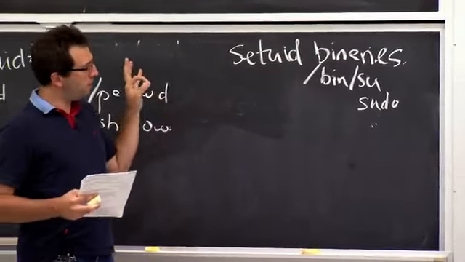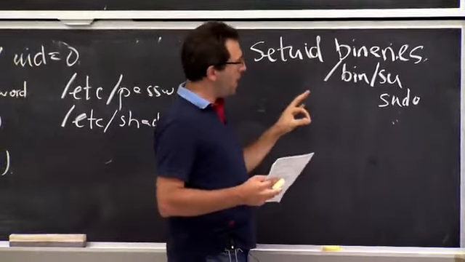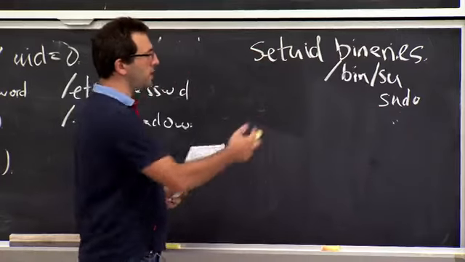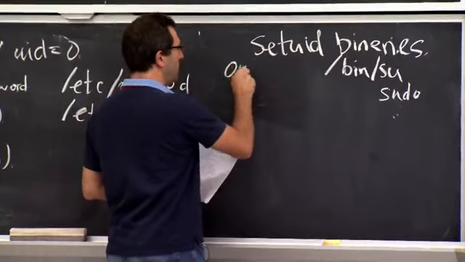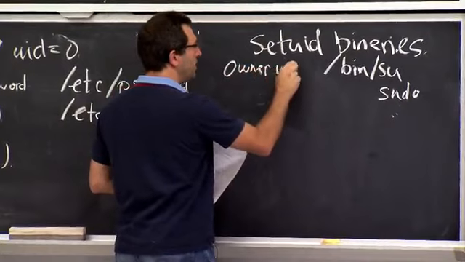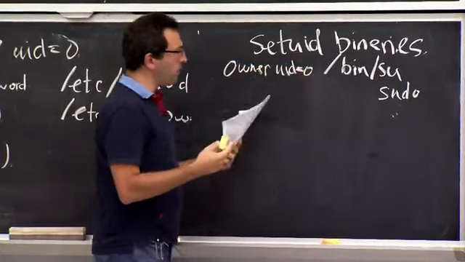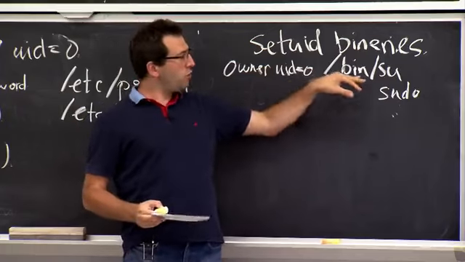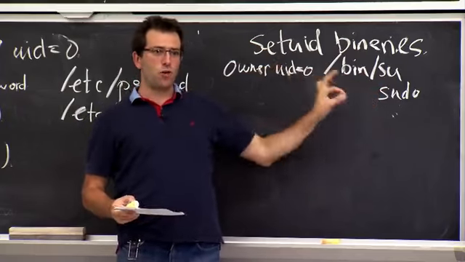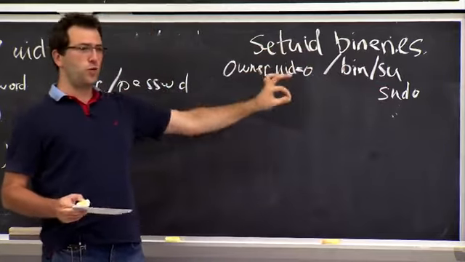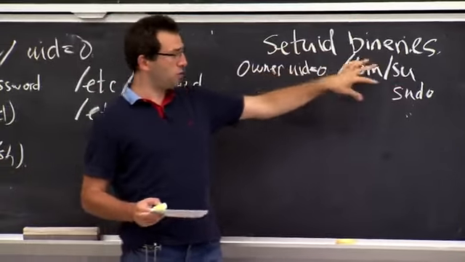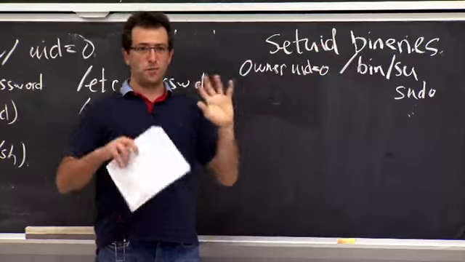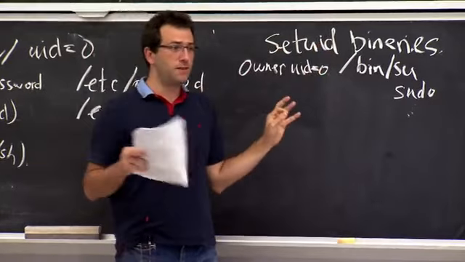It's a little bit of a weird mechanism when you first see it. Typically, the way it's used is that this binary probably has an owner UID of 0, because you really want to regain lots of privileges. You want to regain root's privileges. So you can run this su command, and the kernel, when you exec this binary, will switch the UID of the process to 0. So this program will now do some privileged stuff.